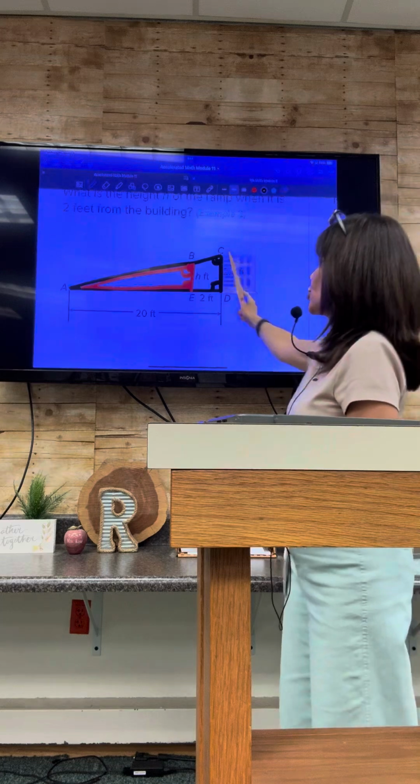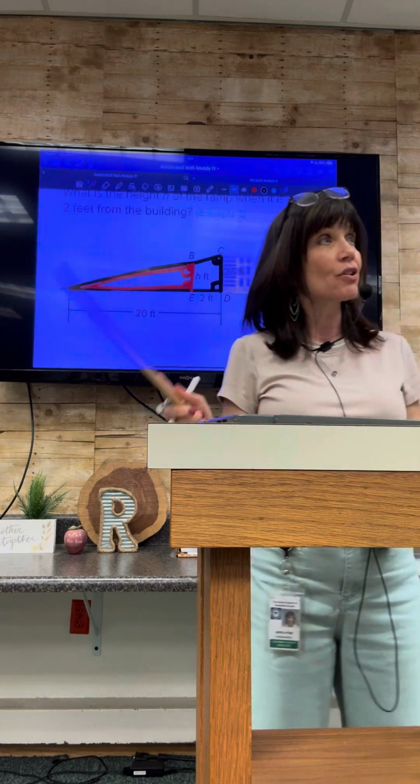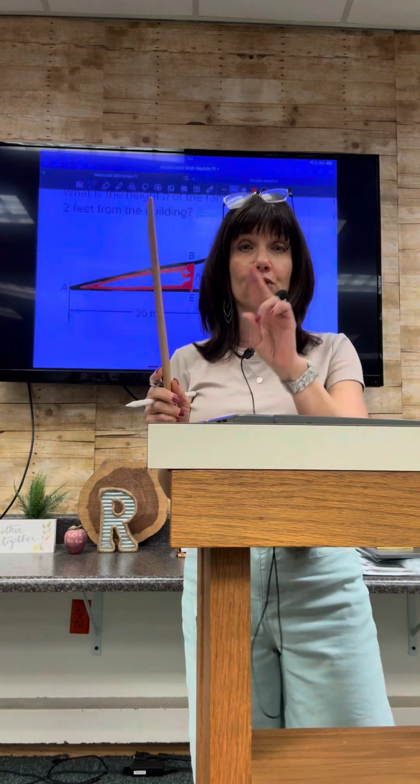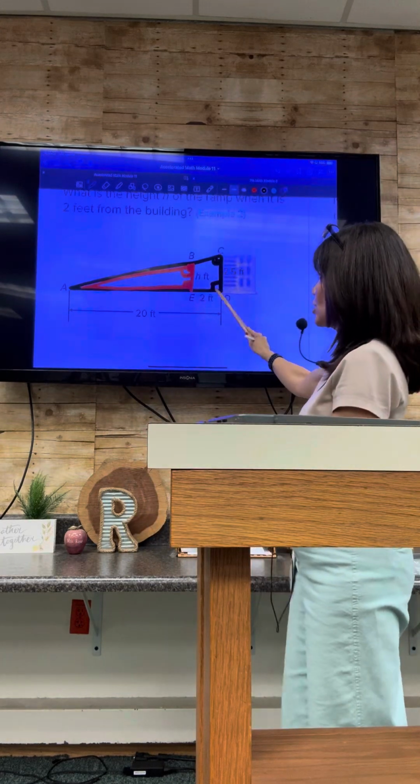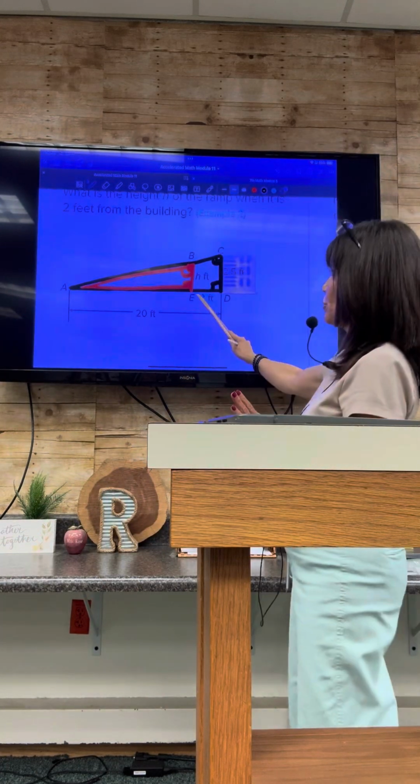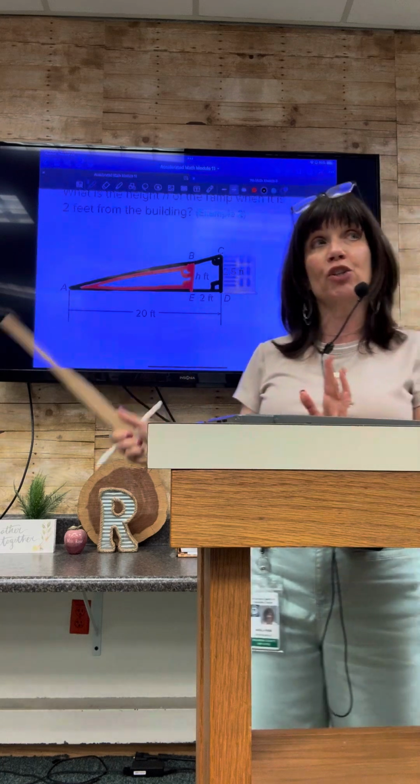Is there a right angle symbol and a double arc symbol in our larger black triangle? Yes. So what do we know since we have two angles that are congruent from the red triangle to the black triangle? What do we know about the two triangles? They are therefore similar to each other, and we can therefore compare the measurement of coordinating sides to find the measurement of a missing but coordinating side.